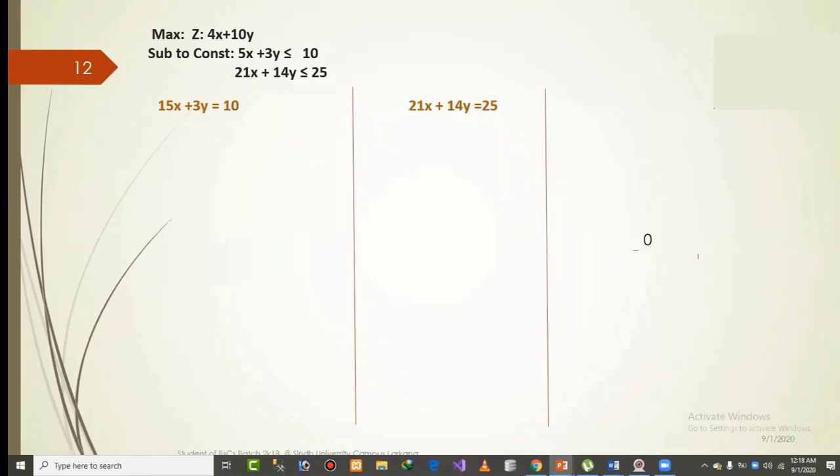Now these equations are equalities. Before making a graph, we need to find the coordinates of x and y. First we find the value of y. To find the value of y, we put x equal to 0.